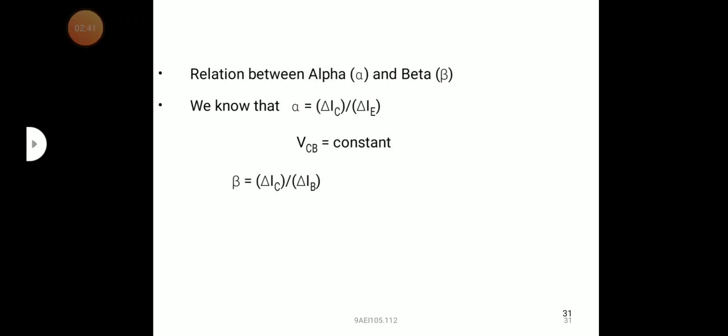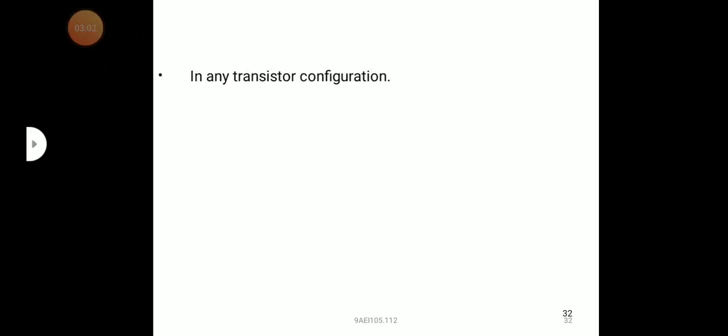So what about beta? Beta is nothing but delta IC by delta IB when VCE is constant. Now we try to correlate these two, alpha and beta. You can see delta IC is the same, and delta IB and delta IE are there. We know that in a transistor there are three currents: emitter current, base current, collector current.